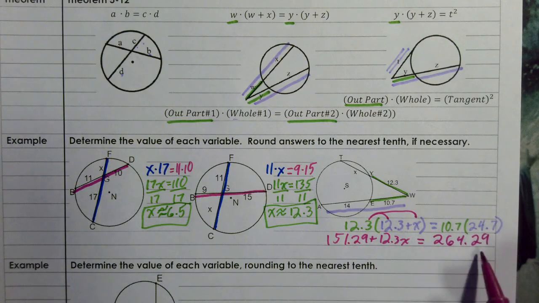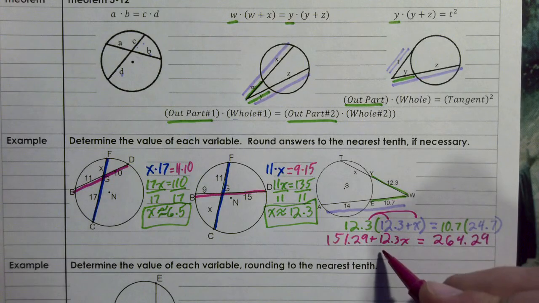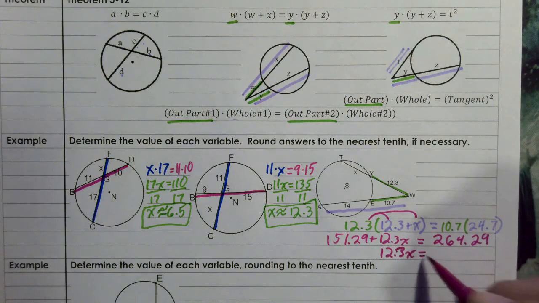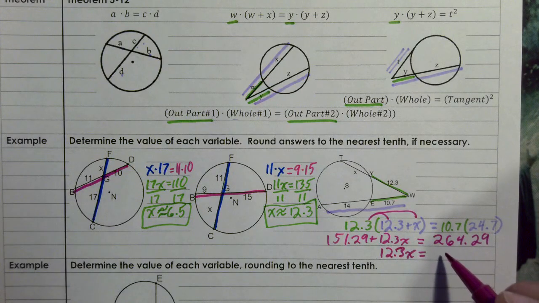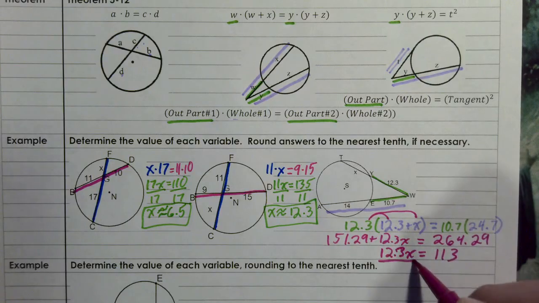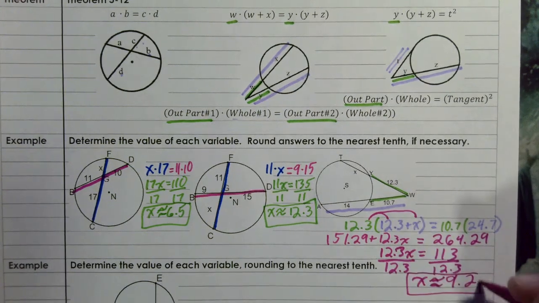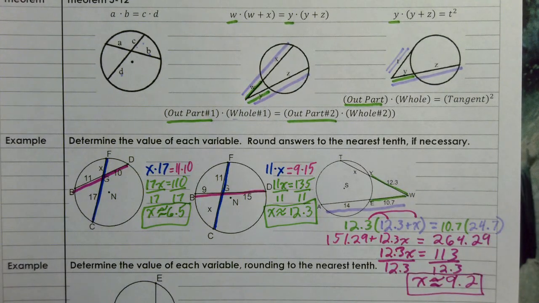I could subtract this 151.29 from both sides. So I got 12.3x equals 113. After dividing both sides by 12.3, x equals about 9.2. And there we go.